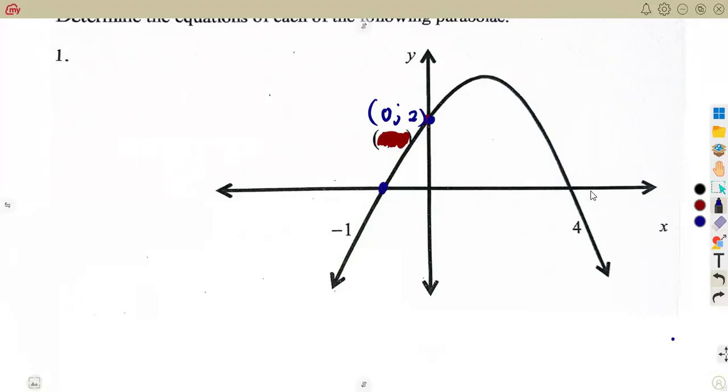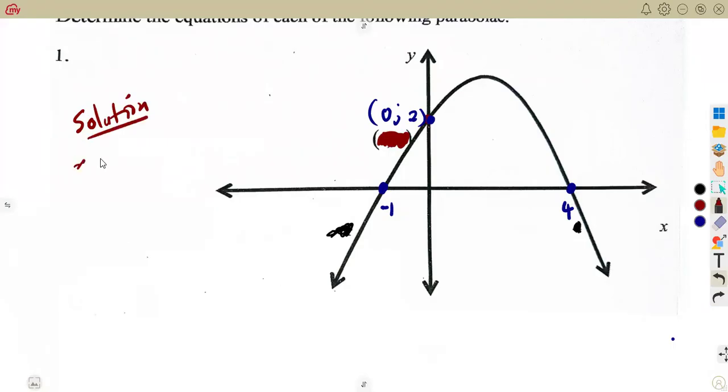This is the -1 and this is the 4 here. So that is our 4 and that is our -1, the x-intercepts. So that is the condition of our question in this case. So we have the x-intercepts. We are given x-intercepts and any point. That is what we have.